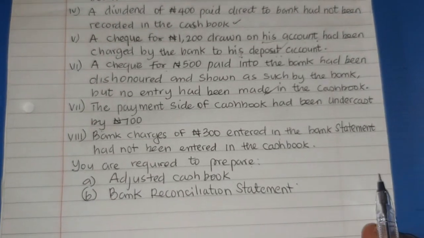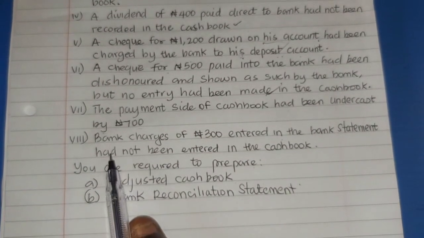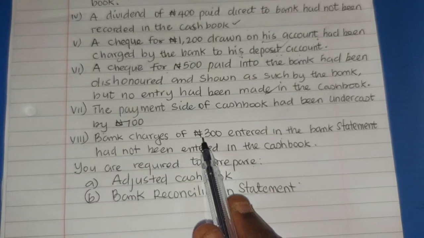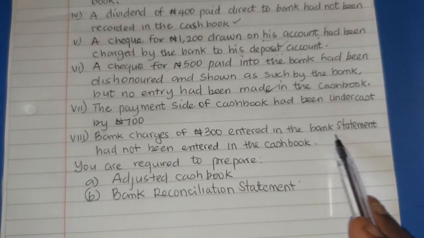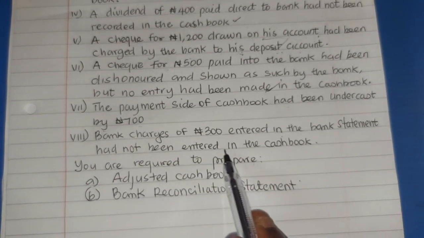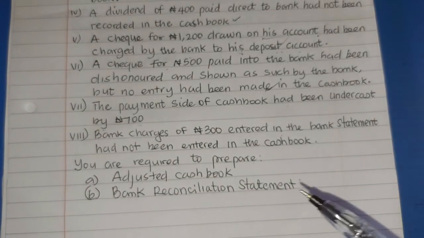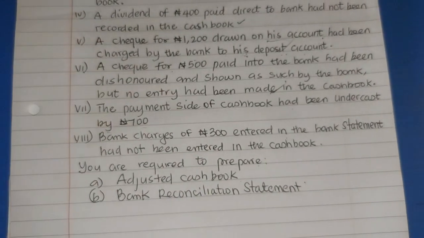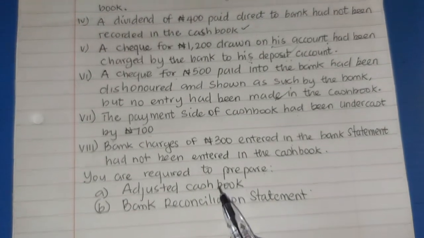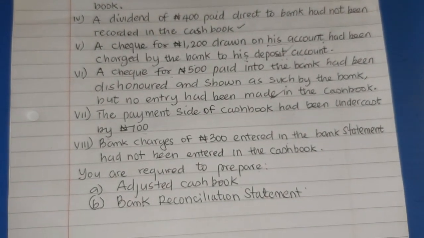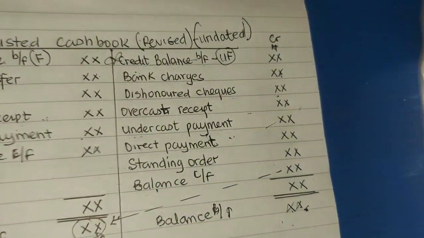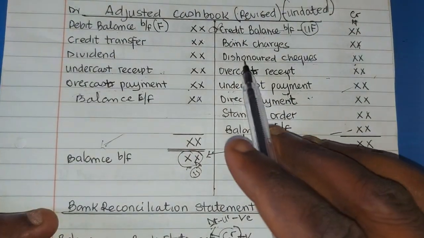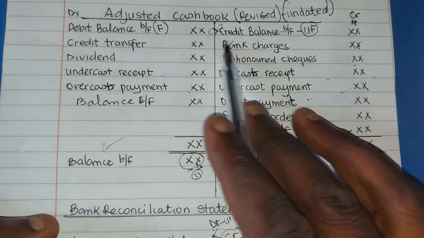Then the last item, but not the least, we have bank charges of 300 naira entered in the bank statement that had not been entered in the cash book. Bank charges is a payment which has not been entered in the cash book. So you go to the adjusted cash book. When you look at the formats, bank charges is on the payment side.